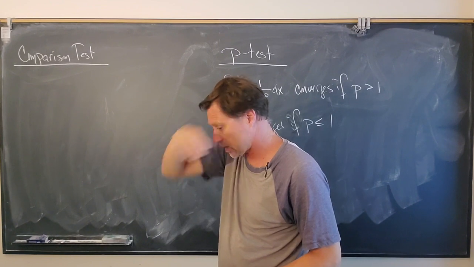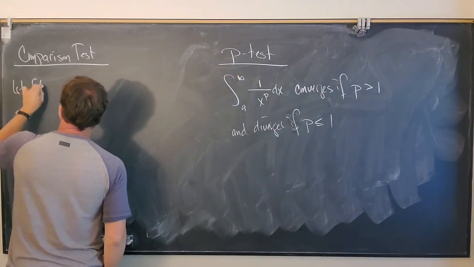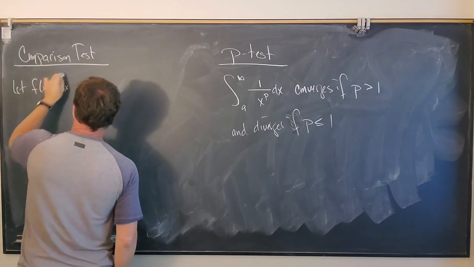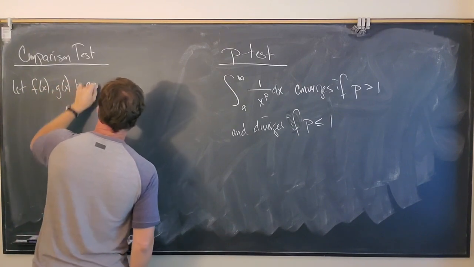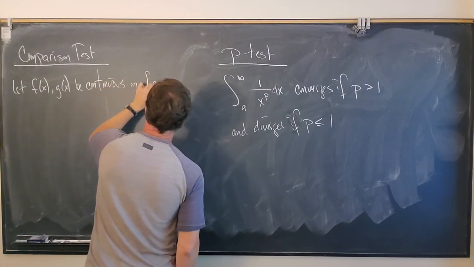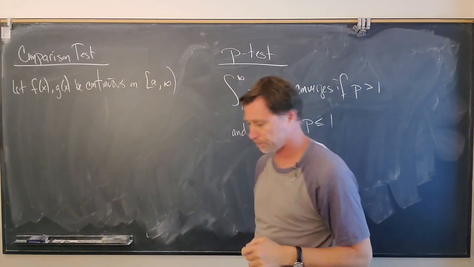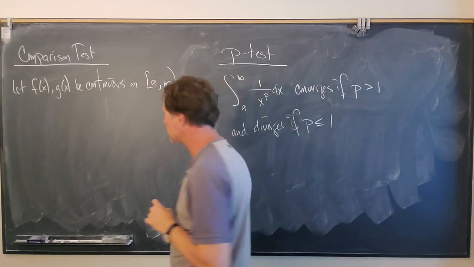And so it goes like this. Let f of x and g of x be continuous on the interval from a to infinity. There are two parts to the comparison test.